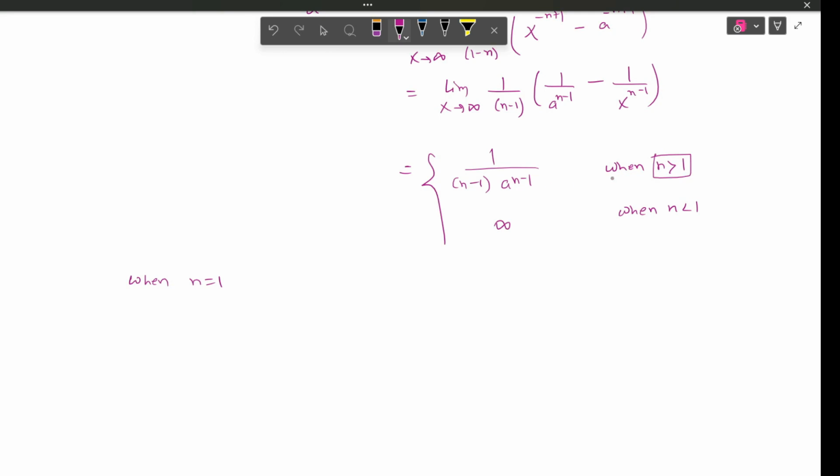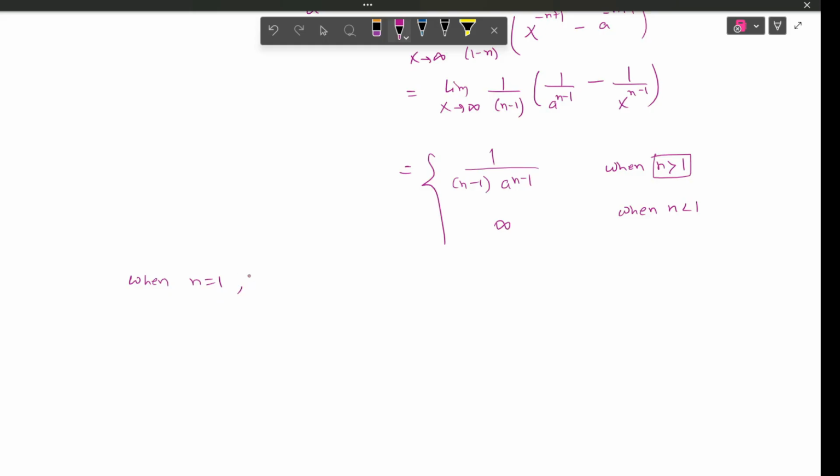So when n is greater than 1, it will be 1 by n minus 1 into A to the power n minus 1. And when n is less than 1, it will be X to the power minus something, so infinity to the power minus something. Infinity to the power minus means 1 by infinity, so it will be infinite. Infinite minus some positive quantity will be infinite.